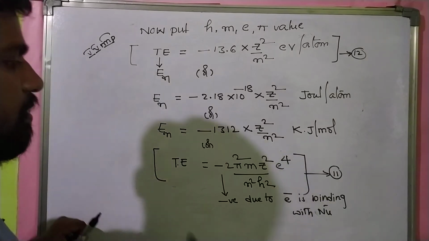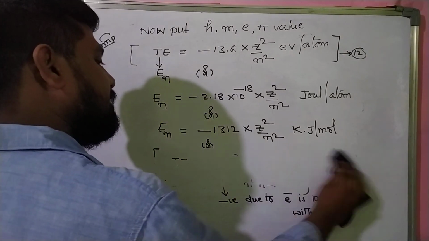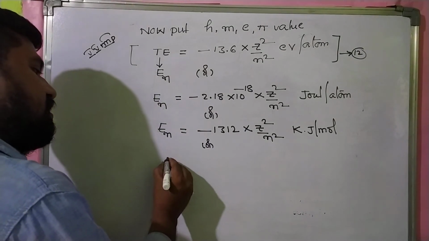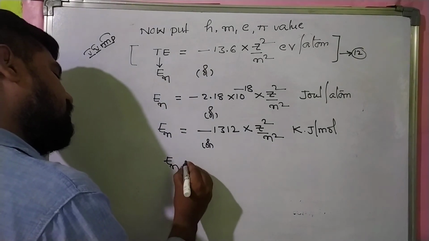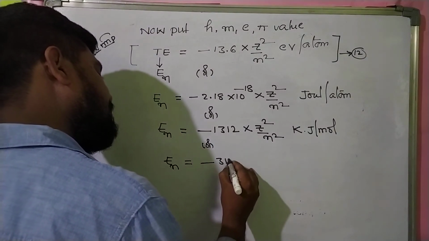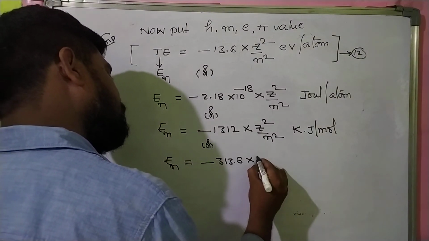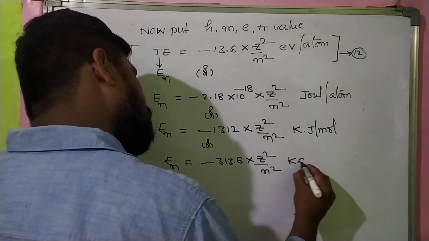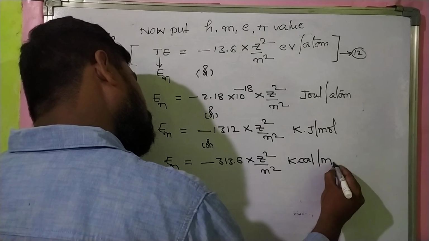And one more formula for energy calculation: the energy of electron in nth orbit is minus 313.6 into Z square by n square kilocalories per mole.